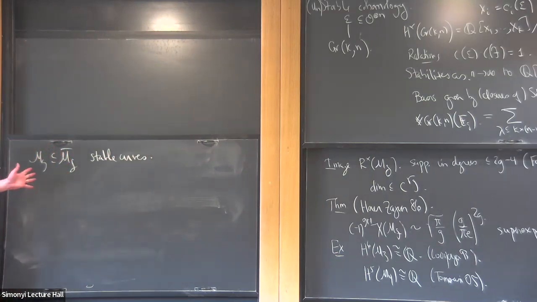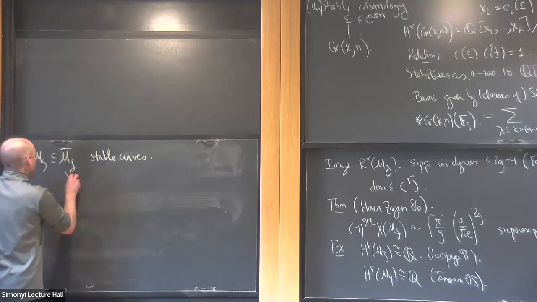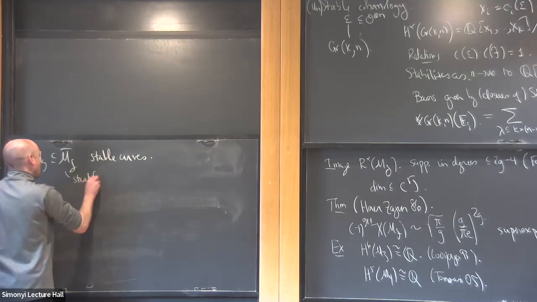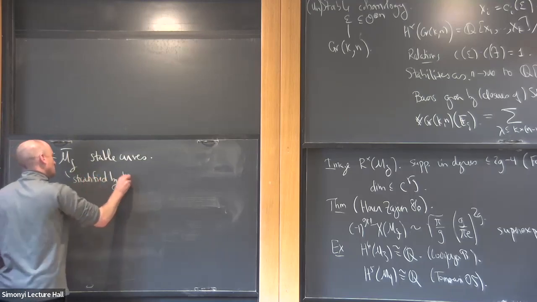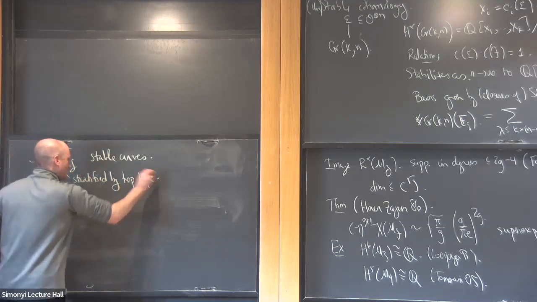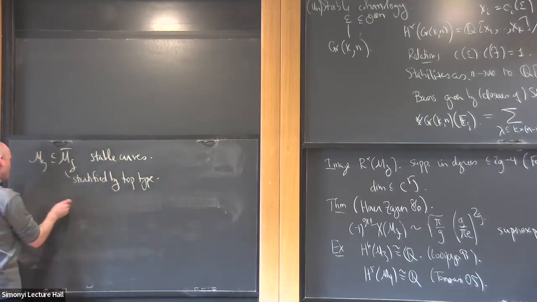Now the moduli space of stable curves, so these are nodal curves with finitely many automorphisms, or equivalently nodal curves with ample dualizing sheaf, is stratified by topological type up to homeomorphism. We could give an example, say for g equal to 2.